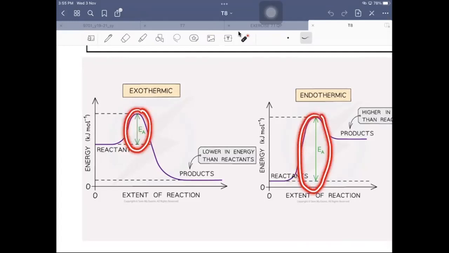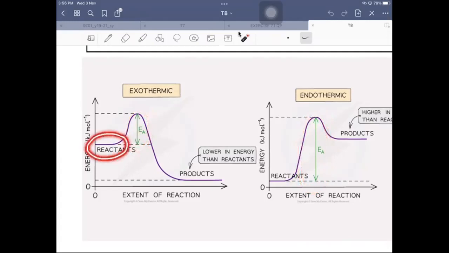I wouldn't be surprised, because the enthalpy of reactants is higher than the products. So that means it is relatively easier for an exothermic reaction to happen compared to endothermic, as you would expect, right?